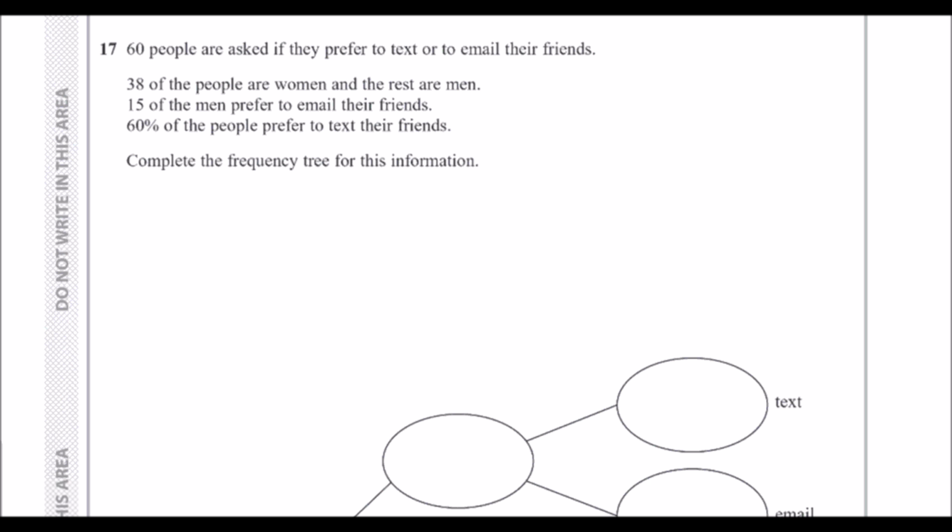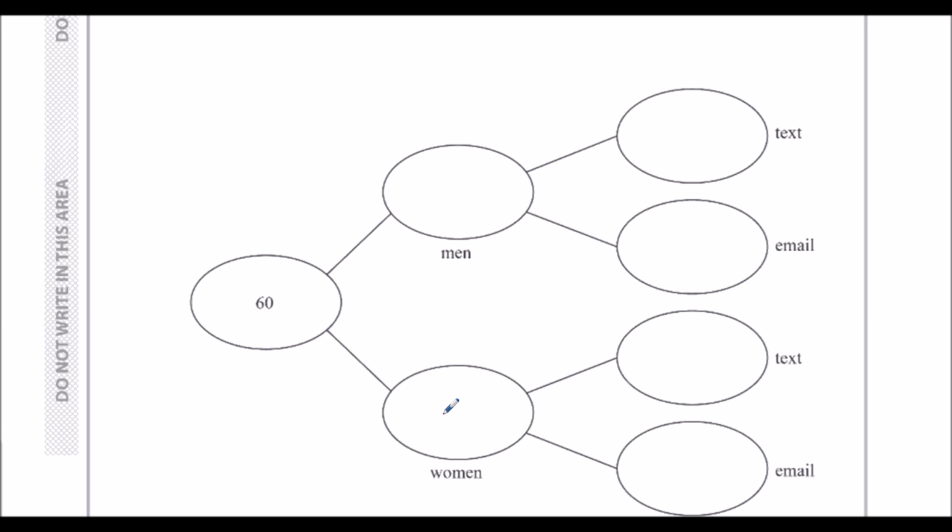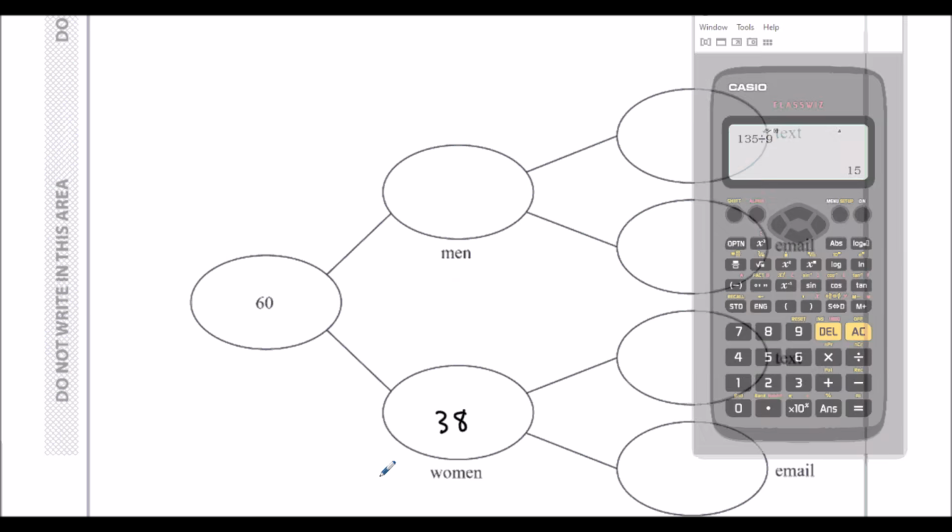Question 17. 60 people are asked if they prefer to text or to email their friends. 38 of the people are women, the rest are men. So 38 are women. There are 60 in total.